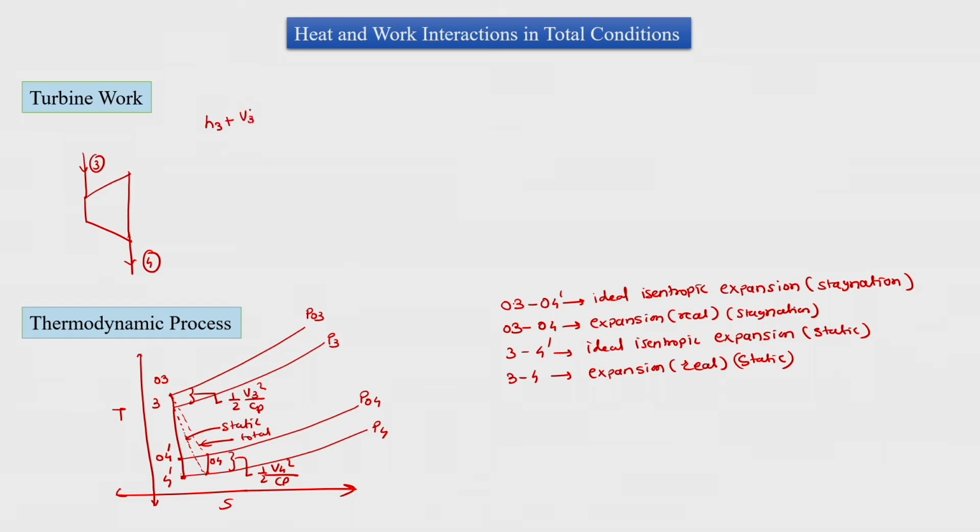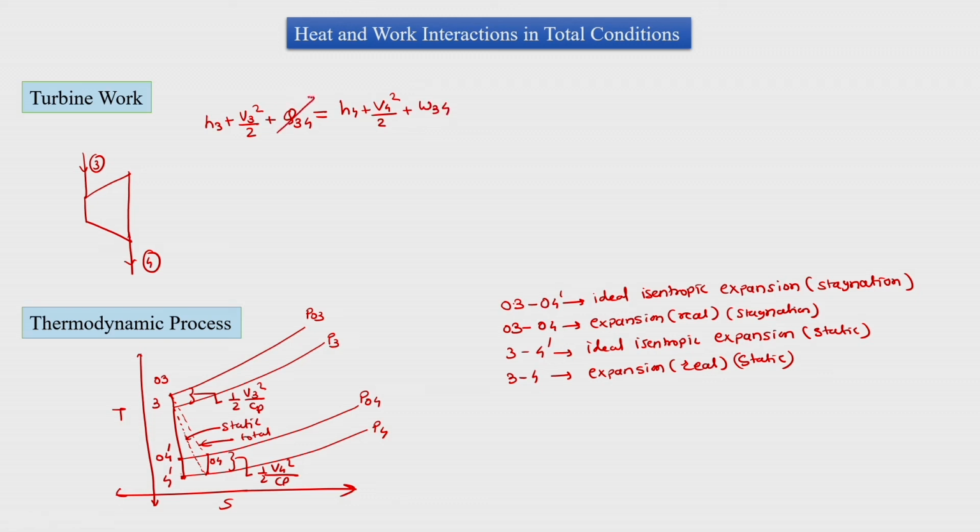H3 plus V3 square by 2 plus Q34 is equal to H4 plus V4 square by 2 plus W34.